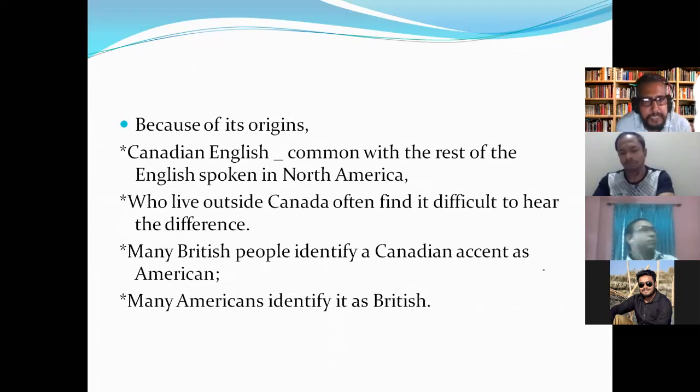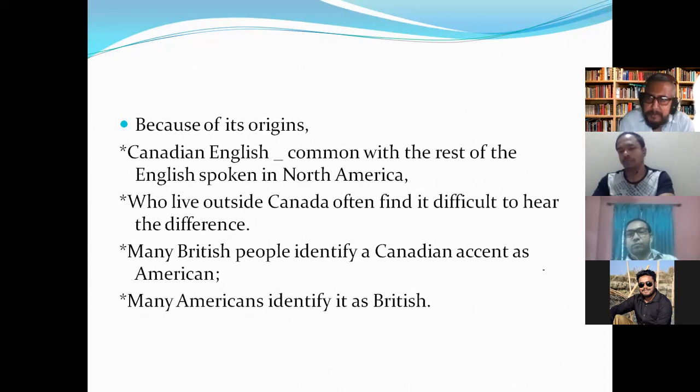Yeah. And we who live outside Canada often find it difficult to hear the difference. Naturally, if we do not visit Canada or America, if we do not have a clear idea about the exact pronunciation, we cannot make the difference between Canadian and American English. That means there is a similarity between Canadian English and the North American English.